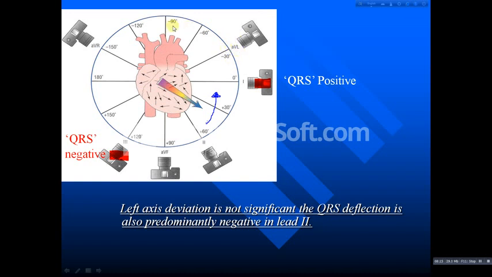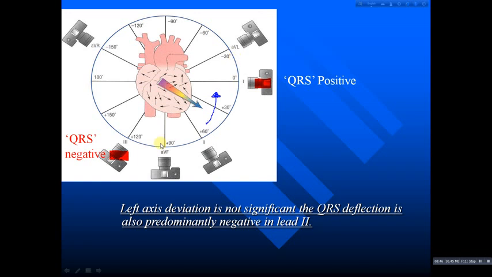Here in this ECG, we see a positive QRS complex in lead 1, a negative QRS complex in lead 2, and a negative QRS complex in lead 3. In AVL there is a positive QRS complex, and the positivity is more in AVL than lead 1, so it's left axis deviation.